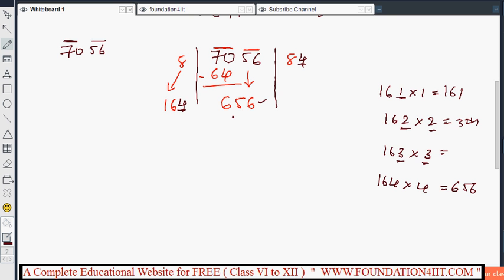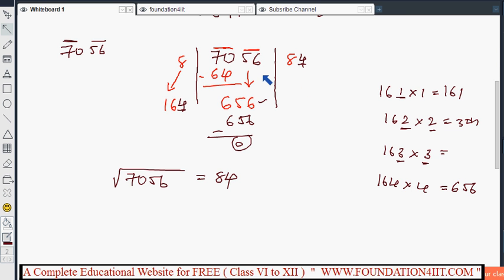So 164 4s are 656. If we subtract, 0. Therefore the square root of 7056 is equal to 84. Finally you must write the number in the place of the quotient. It's clear, right? So this is 2 periods.